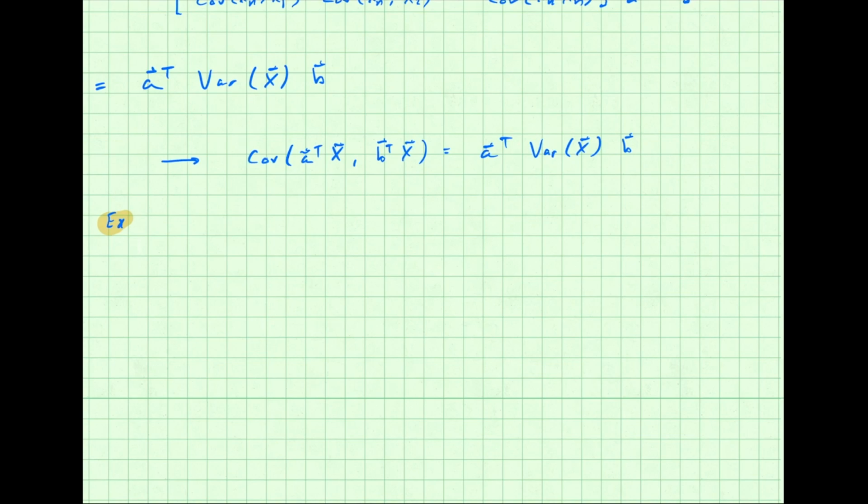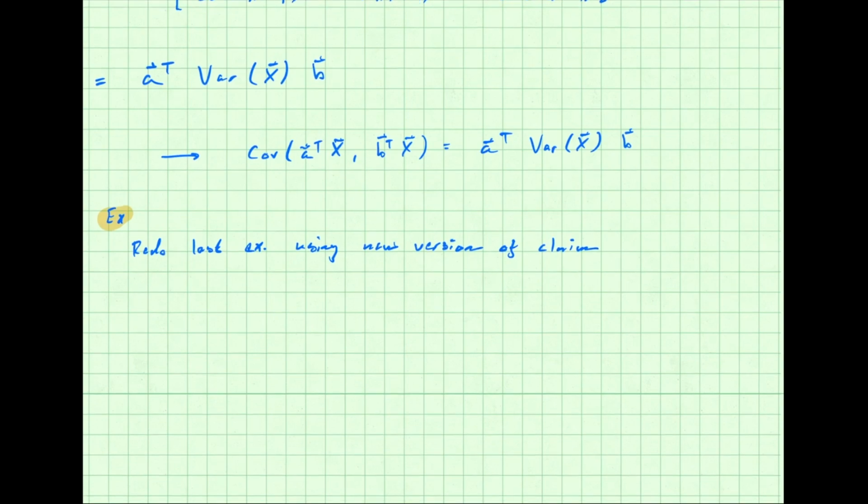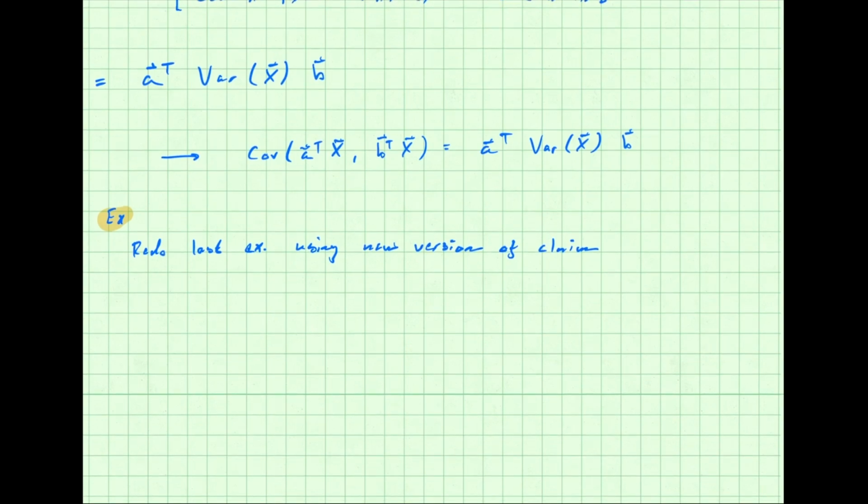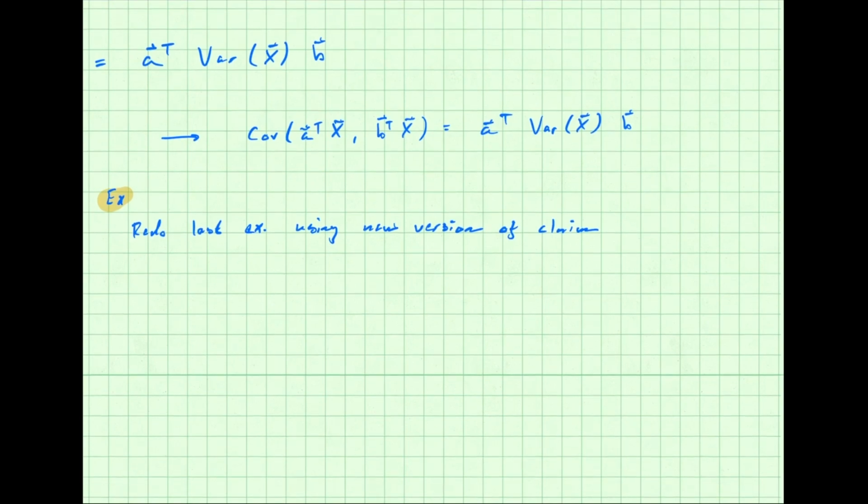Redo the last example using the new version of the claim. Now the result, of course, is the same. And it's not going to look hugely better because we're only dealing with two random variables to make our vector. So our vectors have only two components, but still it's a little cleaner.